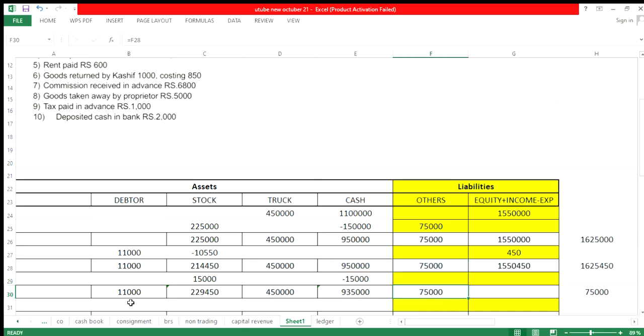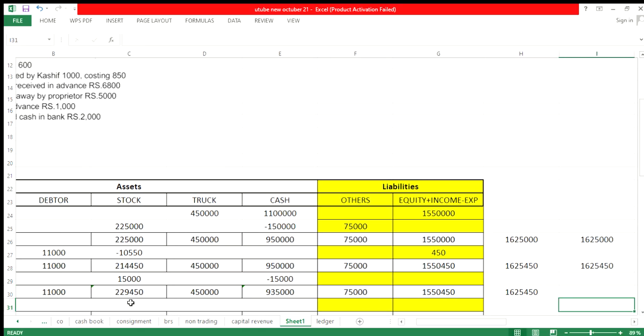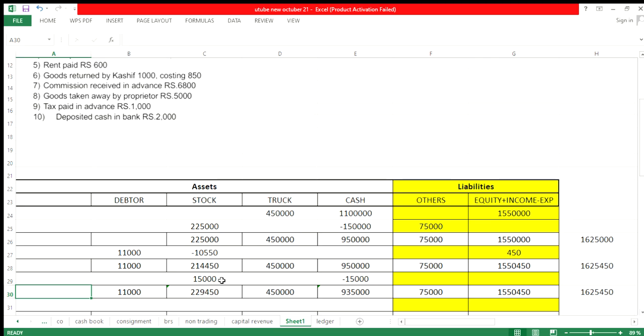Please note, getting the sum is truly important. So let's take the sum over here as well. Alright. So in this way, the entry has been completed.